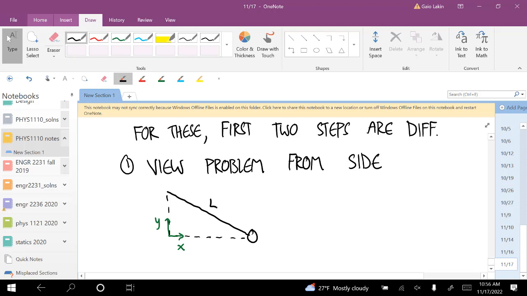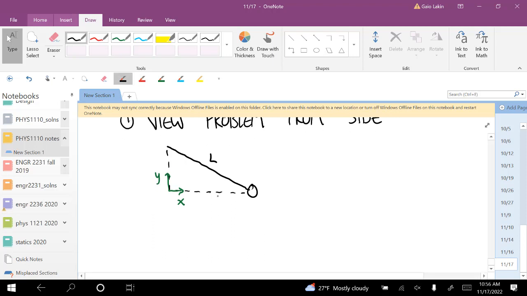This is the length of the cable. Notice that that ball isn't swinging at an angle, it's swinging horizontally. And so the radius of its circular motion is actually just that horizontal lower leg of that triangle. So R is this, and it's just equal to L times the cosine of theta, where this angle is theta. Okay, so that's always true.